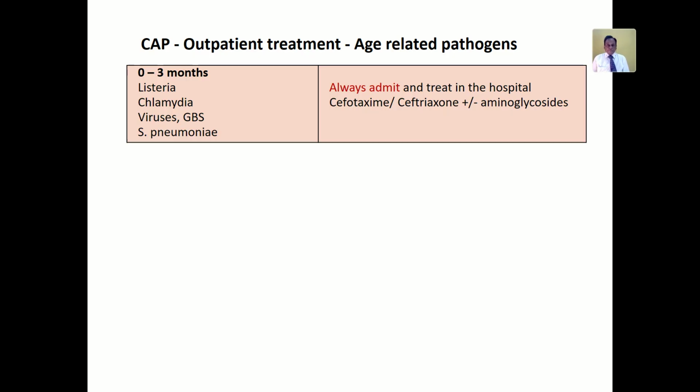Among cefotaxime or ceftriaxone, in the very early weeks of life, people prefer cefotaxime because ceftriaxone displaces bilirubin from the albumin binding sites and increases hyperbilirubinemia. That's the reason why the cefotaxime aminoglycoside combination still holds good.